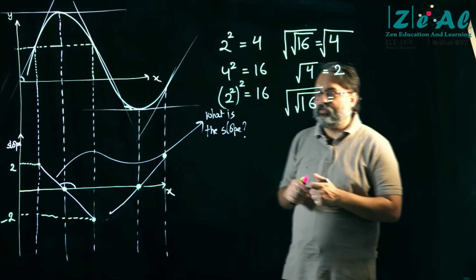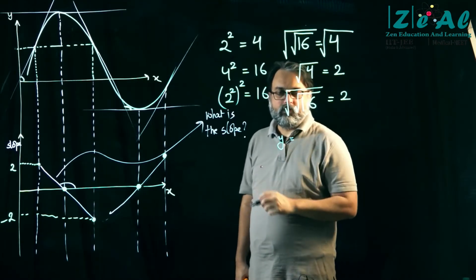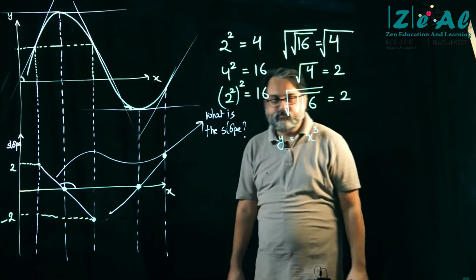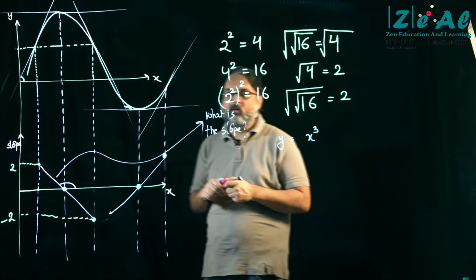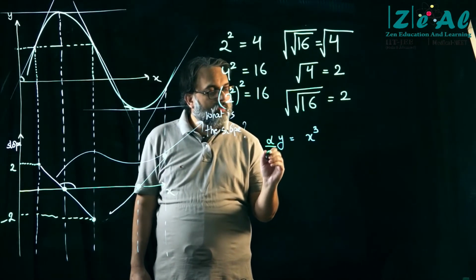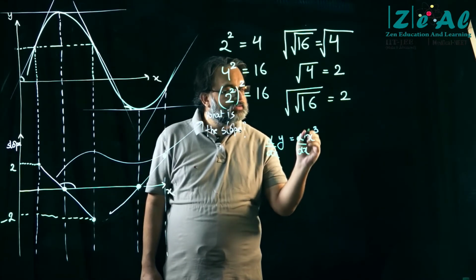So let's see. Y is equal to x cubed. Okay, this is an expression we have. So I want to apply d by dx on both sides.